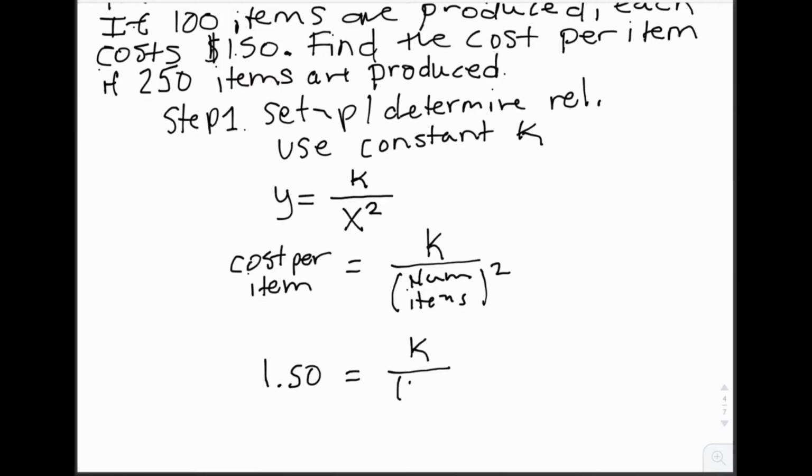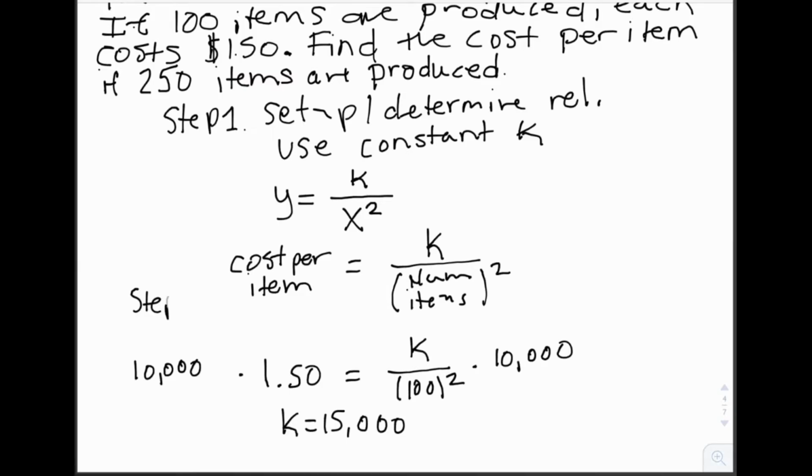And then how many items? 100 squared. Now we can find k. 100 squared is going to give me 10,000. So I can multiply 10,000 on each side here. And that should give me a k equal to 15,000. And that step was step number 2.